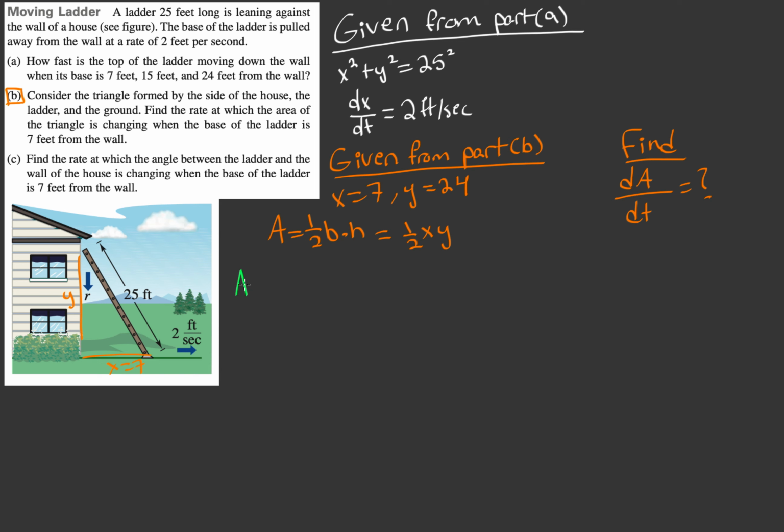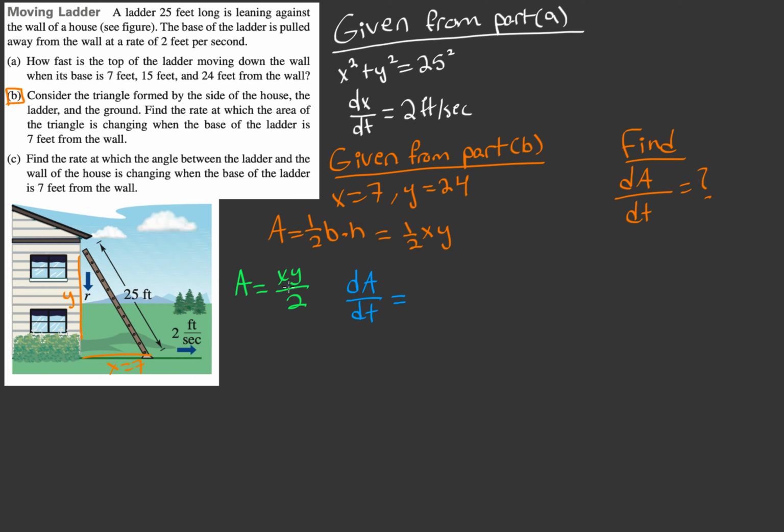So if we have A is equal to xy over 2, we want to implicitly differentiate that. So we get dA/dt, since we took the derivative, is equal to, and we're going to have to use the product rule here.